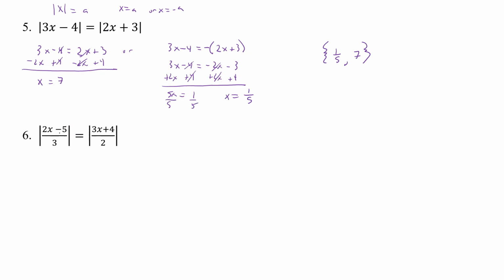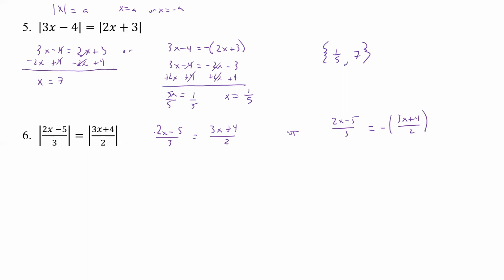Now this one's the same thing, except now we're going to have some fractions. Remember, before we learned how to clear fractions, so I think that's probably what we should do here. So what we're going to do first is say, okay, well, this is going to be (2x minus 5)/3 equals (3x plus 4)/2, or, and then we have (2x minus 5)/3 equals the negative of (3x plus 4)/2.